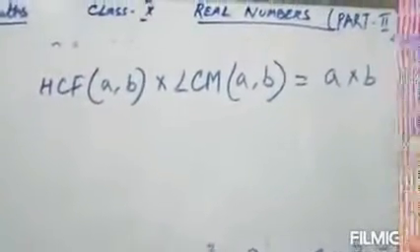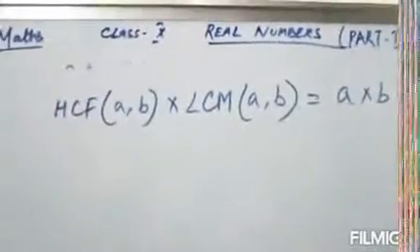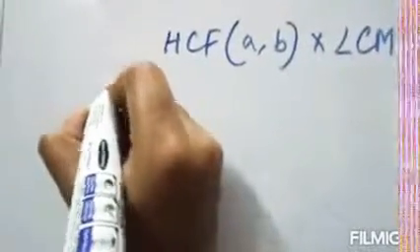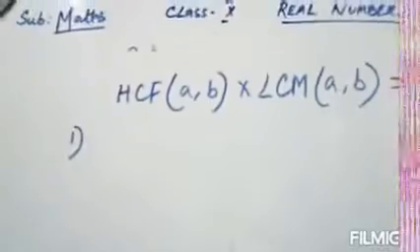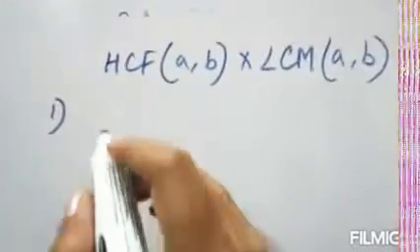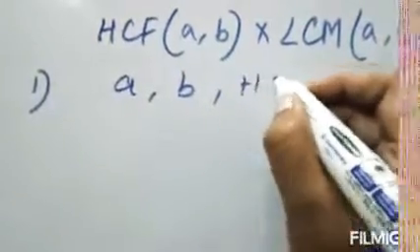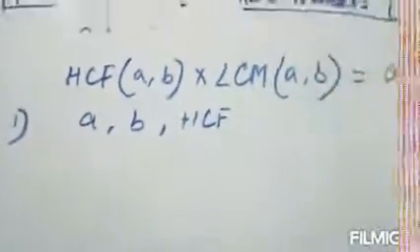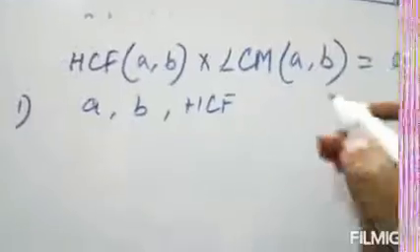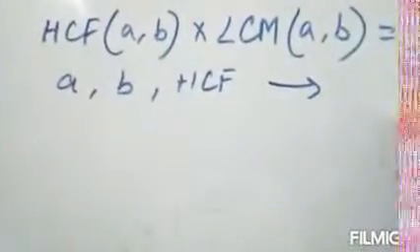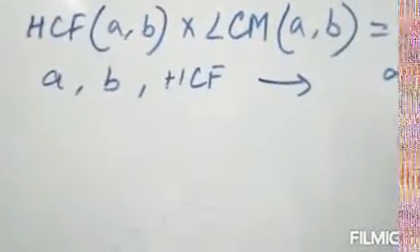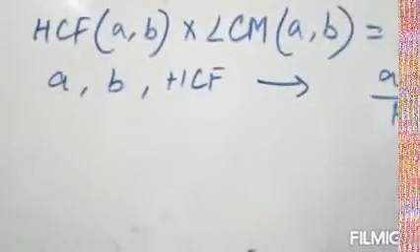Now suppose you are given two numbers. How many types of question can come? First type is, A and B are given and the HCF is given. Then how will you find the LCM? Simple, A into B by HCF.